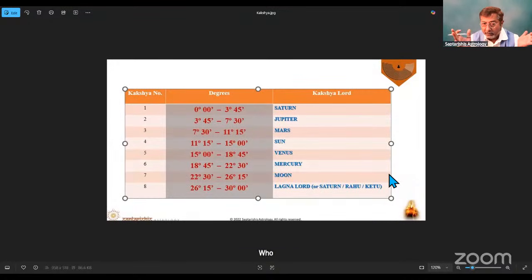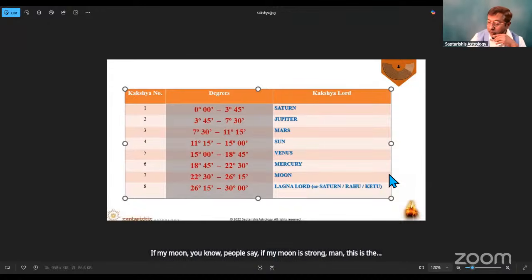Who am I? If I'm at 2 degree, if my moon, people say my moon is strong. Moon is at 2 degree. Moon is now in Saturn's Kaksha, so you're eternally depressed.